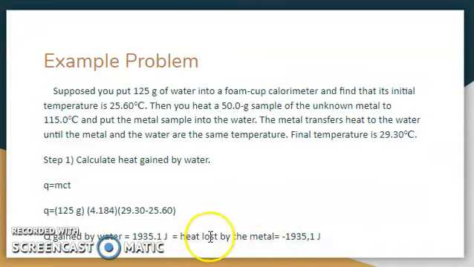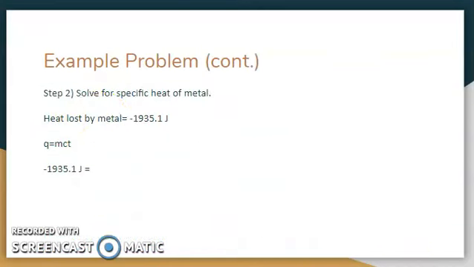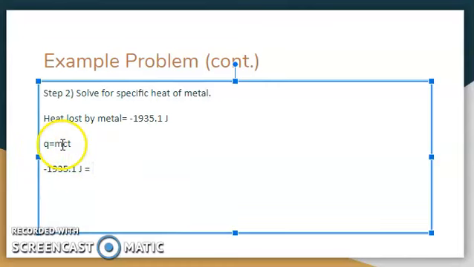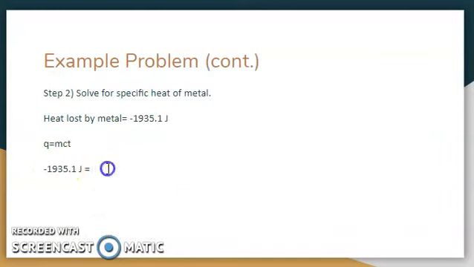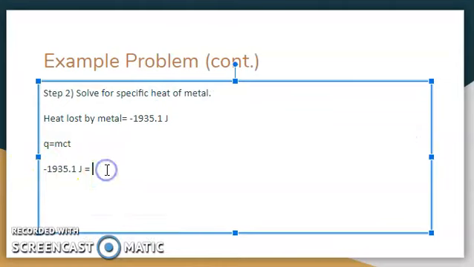Now that we know the heat lost by the metal, we can solve for the specific heat of the metal. We'll use the equation Q equals mCΔT. The mass of the metal in this example problem is 50 grams, multiplied by the unknown specific heat.